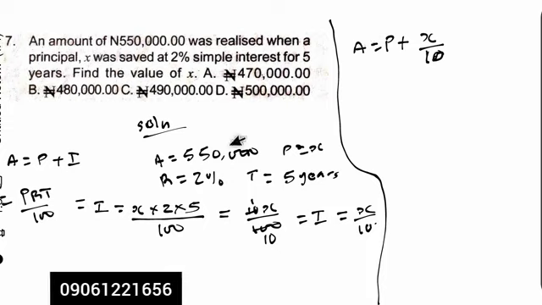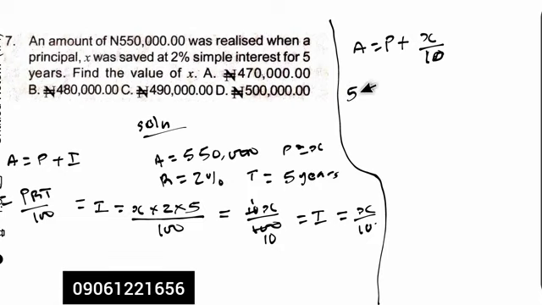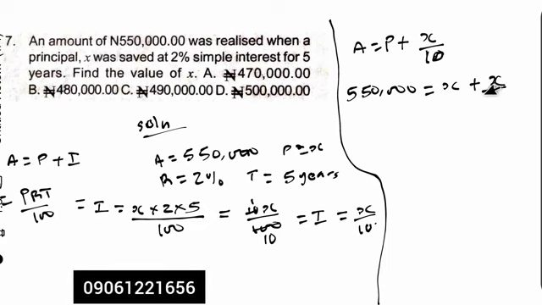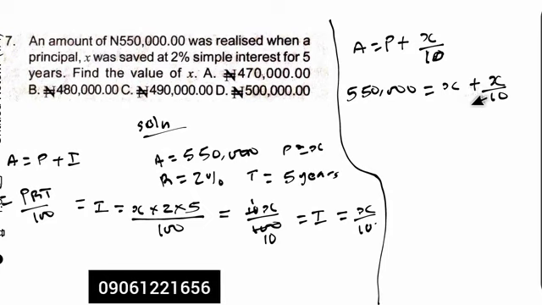Now let's substitute. The amount A is 550,000, equal to the principal S plus S over 10. Let's deal with the right-hand side.